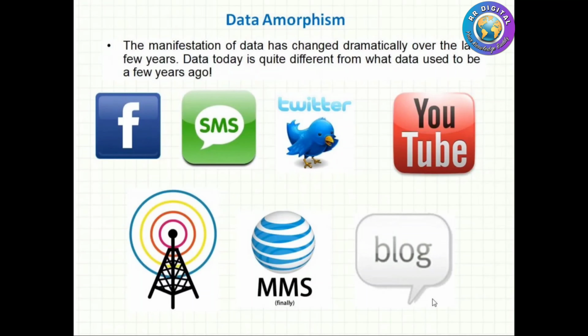For example, you can assume I'm using Facebook. Today maybe I will post 10 videos or 10 photos. Once I post, my friends will like, and at the same time they will give some comments, right? So this kind of data Facebook has to store.